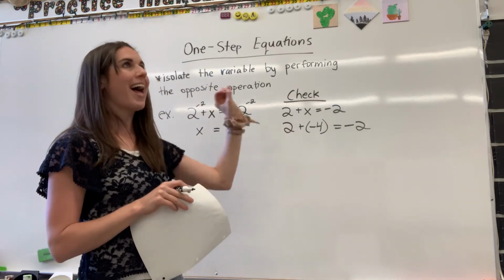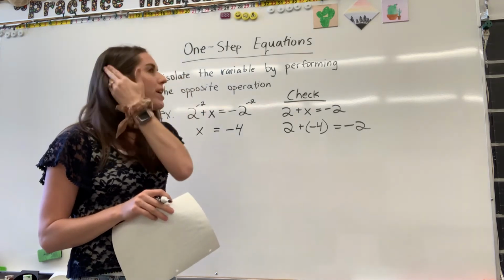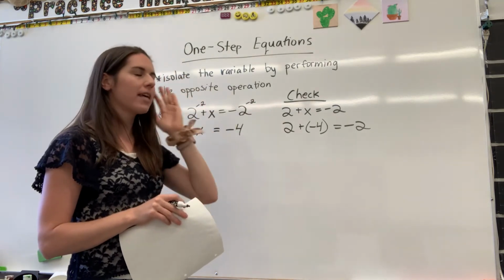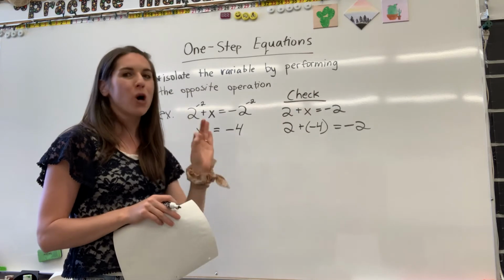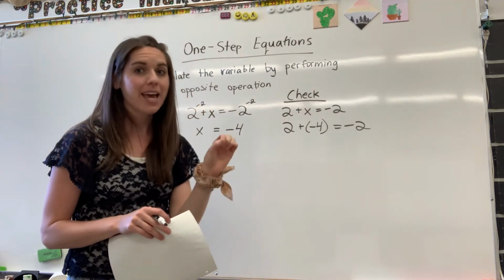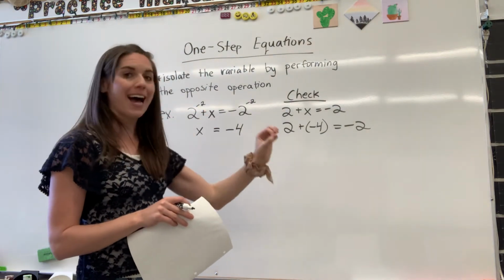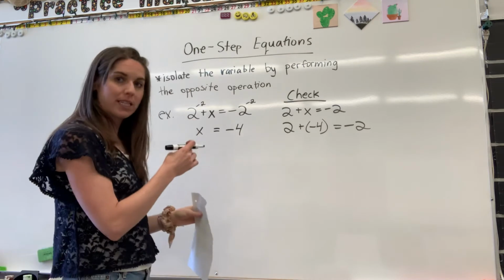Now we are adding some negatives. So we are adding, so you might think, okay, well, we're going right. But no, we are adding some negatives. Negatives make things smaller. So when you're adding negatives, you're going to go to the left.